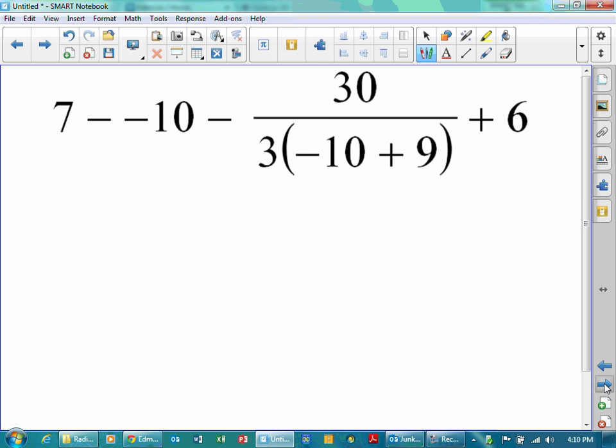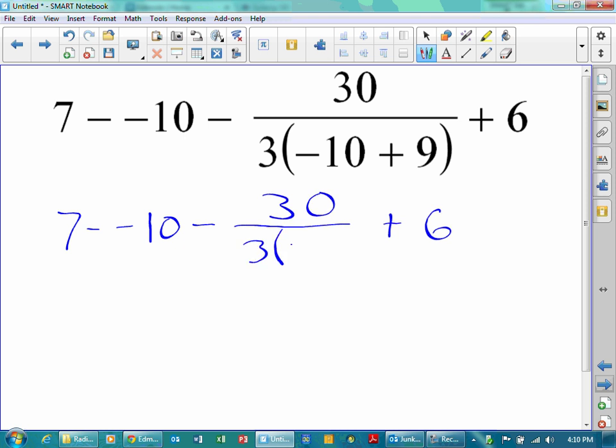Try this one. Okay, we start with the denominator. Negative 10 plus 9 is negative 1.